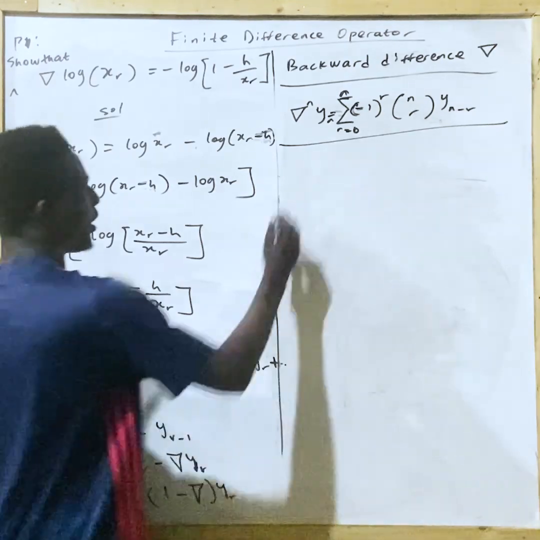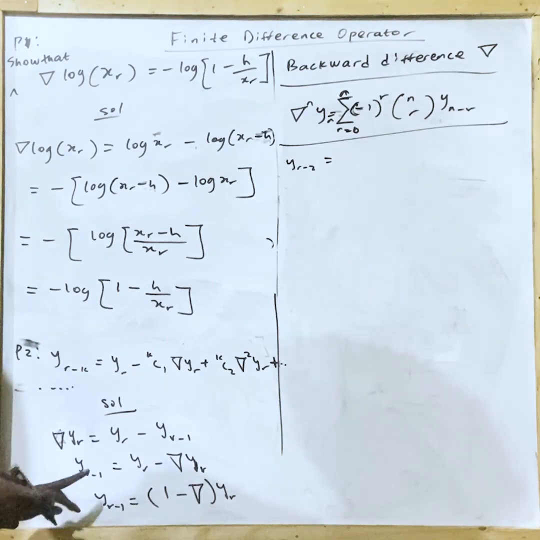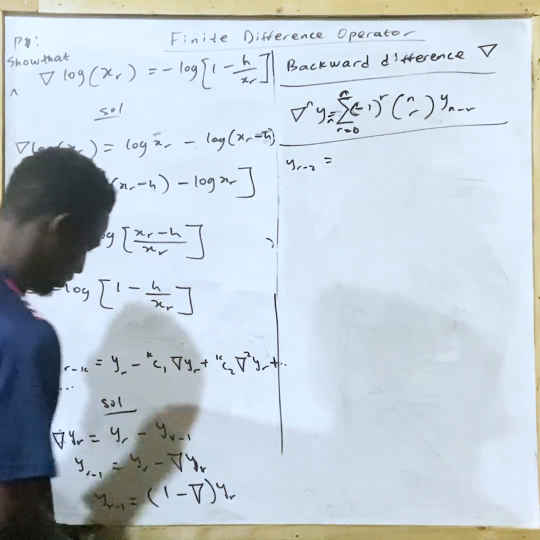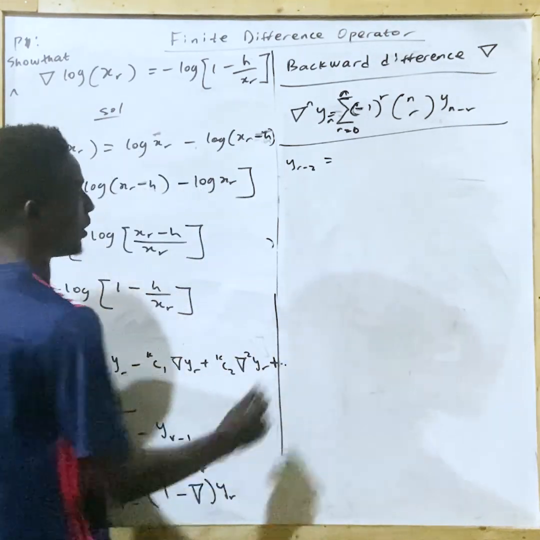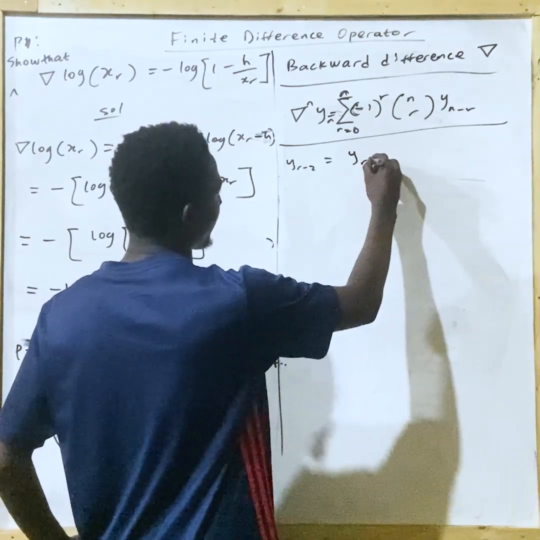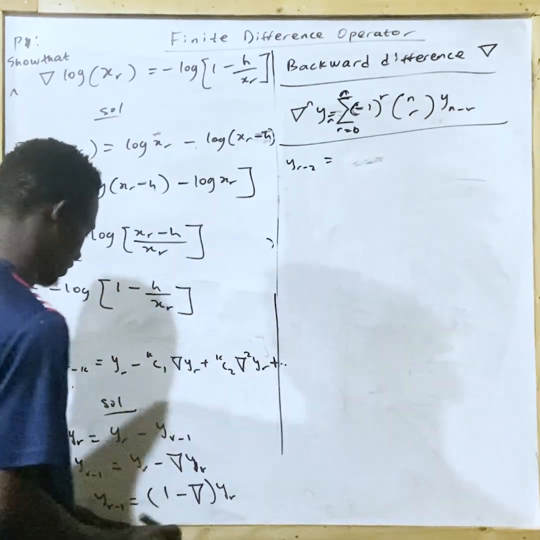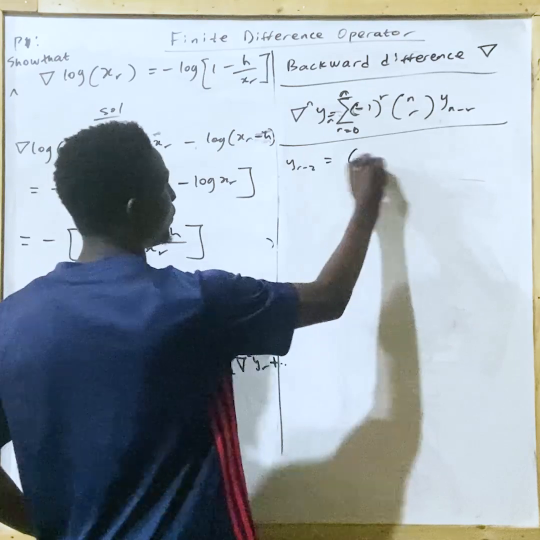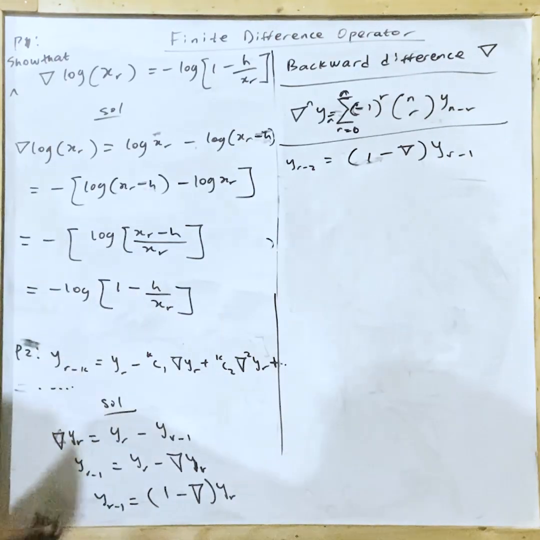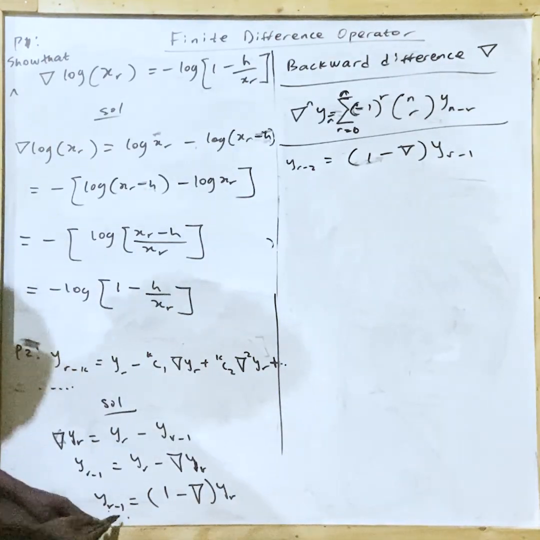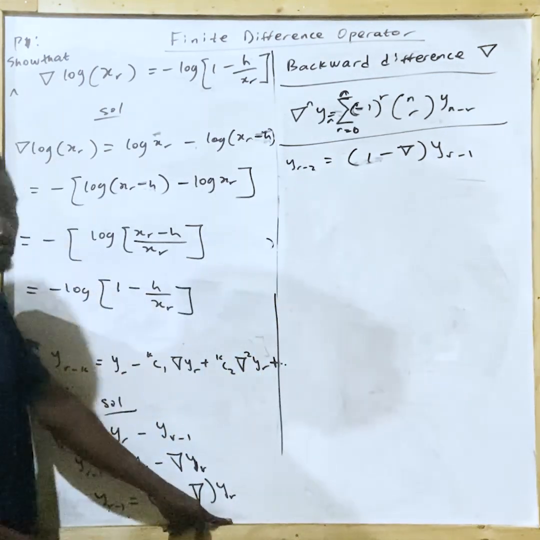Let me try for y_(r minus 2), to see if I can see a pattern. What will y_(r minus 2) be? Judging from this, if here is r minus 1, and I reduce this by 1 to get to r minus 2, that means I have to reduce this by 1.